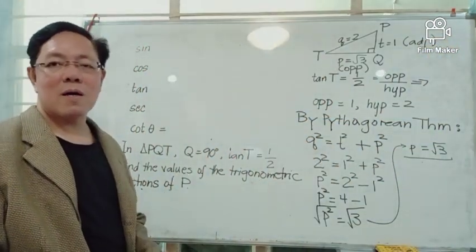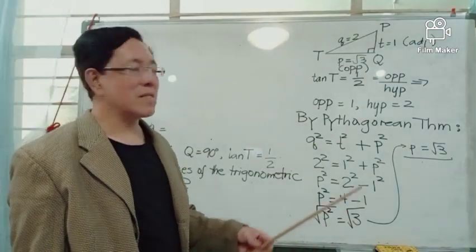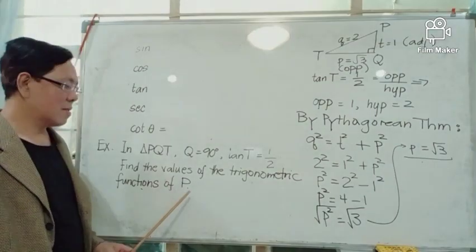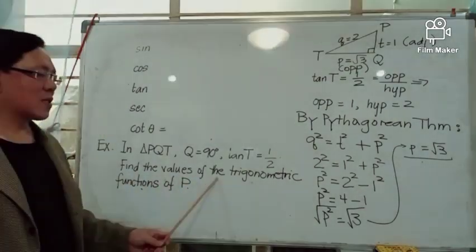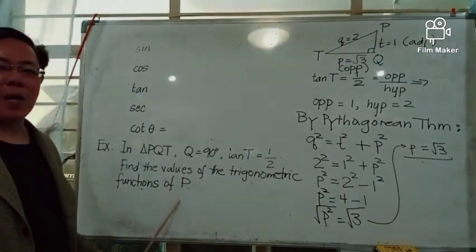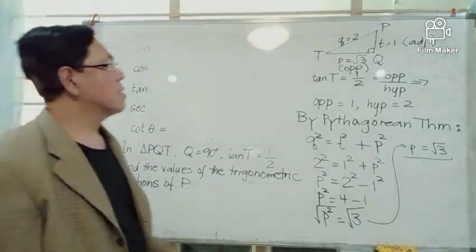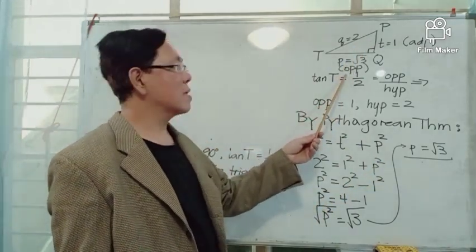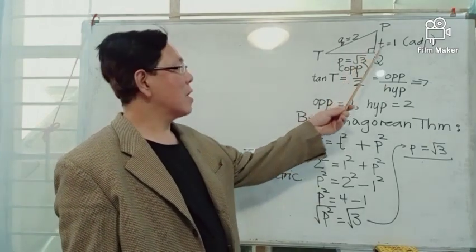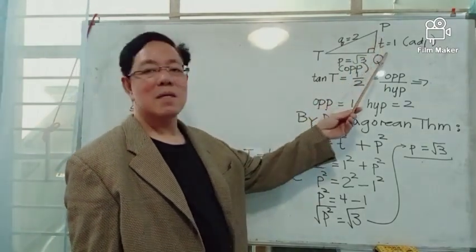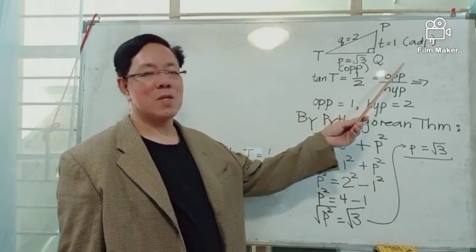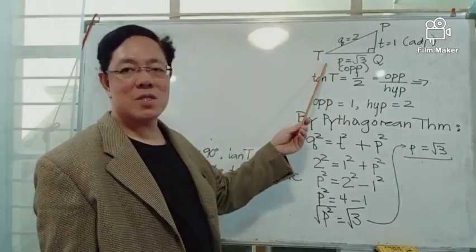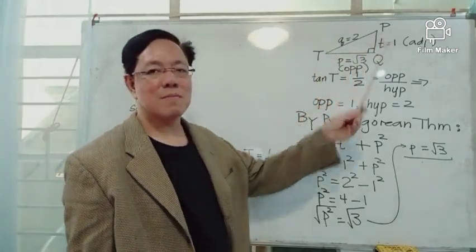What we are required are the values of the 6 trigonometric functions of angle P. So if you want the functions of angle P, you identify the side opposite angle P, it's square root of 3, and the side adjacent to angle P equals 1 unit. The hypotenuse will remain the same, 2 units, regardless of which acute angle you are considering.